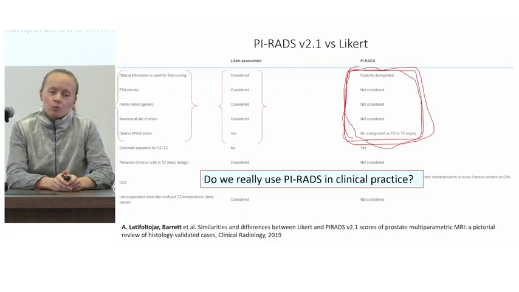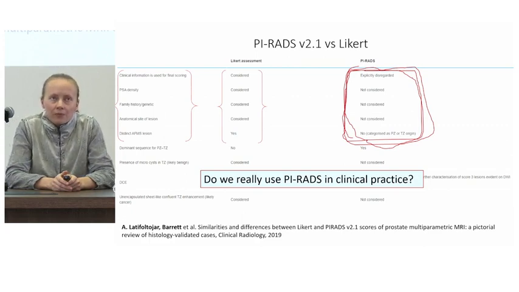Actually, the PI-RADS system was invented not for the assessment of a certain patient. It was invented for standard reporting and communication among radiologists and among centers, and it's more suitable for clinical studies and for writing papers, but not for definite patient assessment.